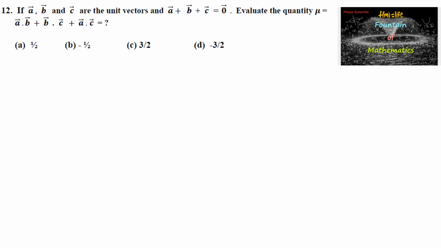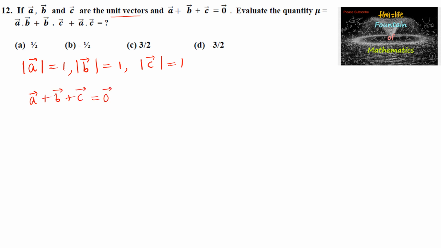If vector A, vector B and vector C are unit vectors and A plus B plus C is equal to 0 vector, evaluate the quantity mu is equal to A dot B plus B dot C plus A dot C. Since A, B, C are unit vectors, we can write mod A is equal to 1, mod of B is equal to 1, mod of C is equal to 1, and also it is given vector A plus vector B plus vector C is equal to 0 vector.